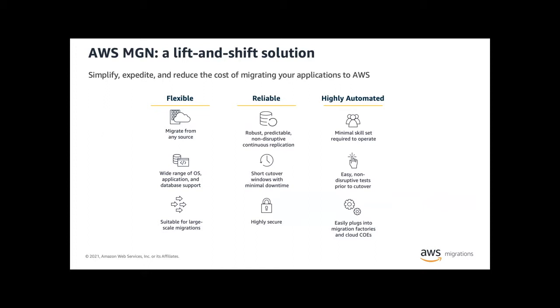That's a breakthrough, because it improves both the RPO and RTO, giving a better high availability solution when you are migrating your application. This is one of the key components that I'm going to be walking you through.